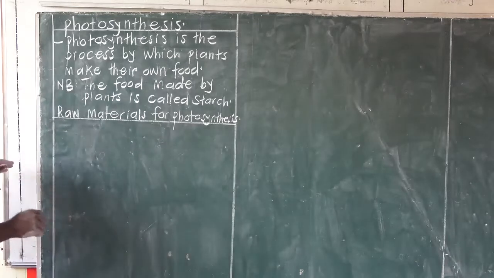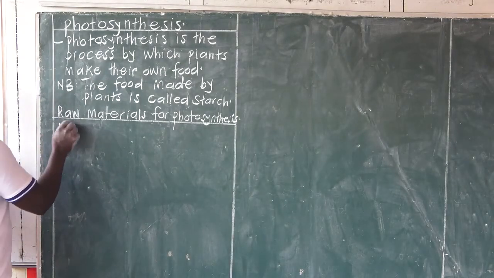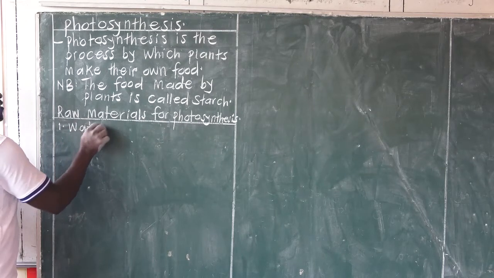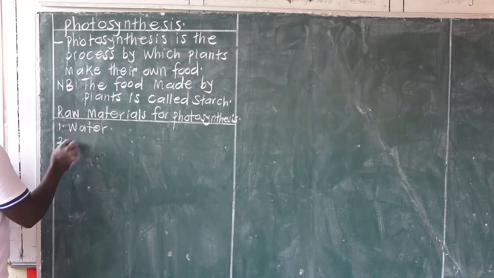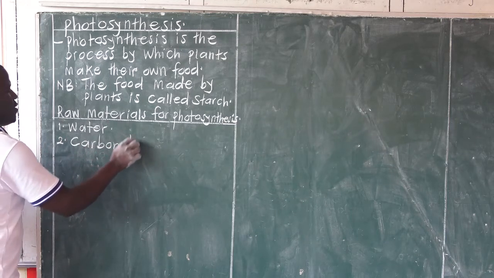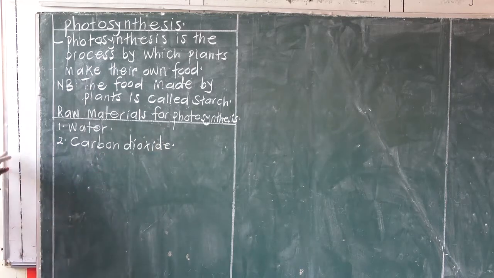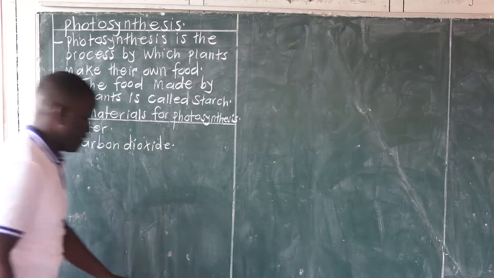We only have two raw materials: one is water, two is carbon dioxide. Water and carbon dioxide are the raw materials for photosynthesis.